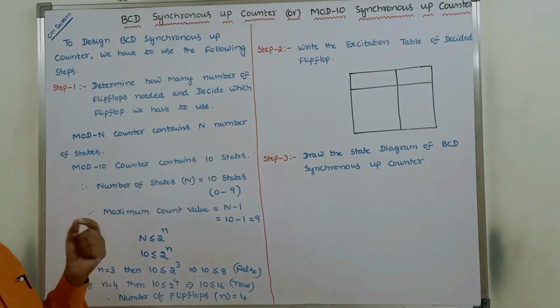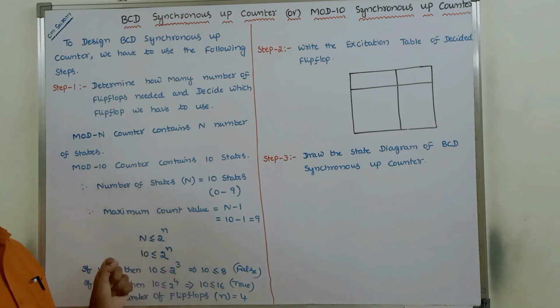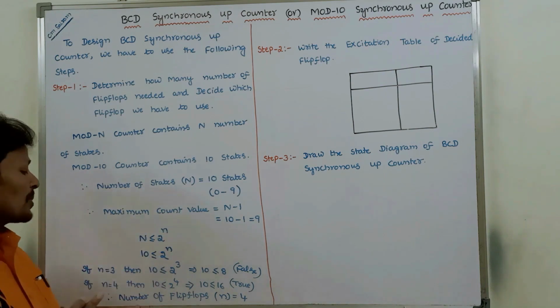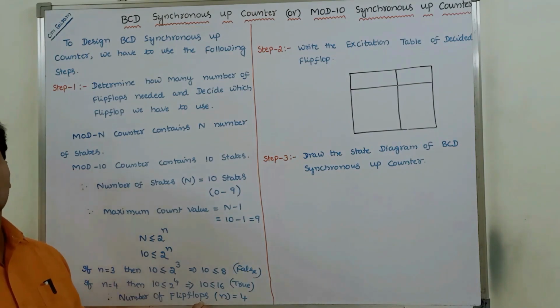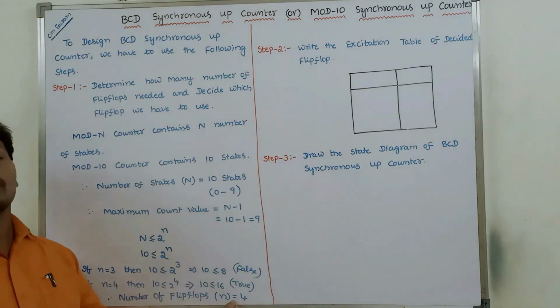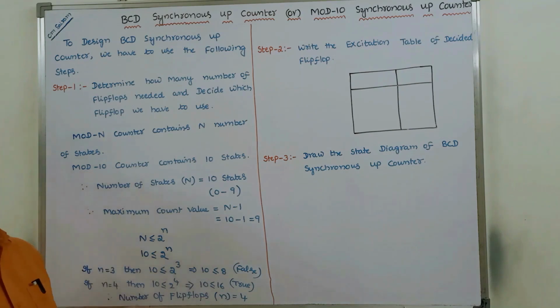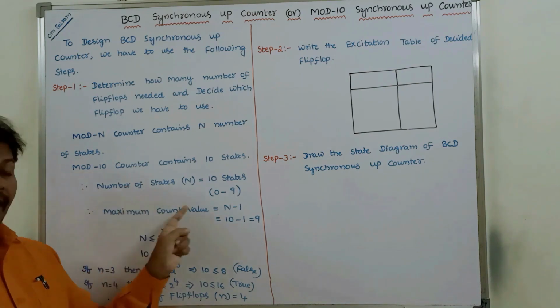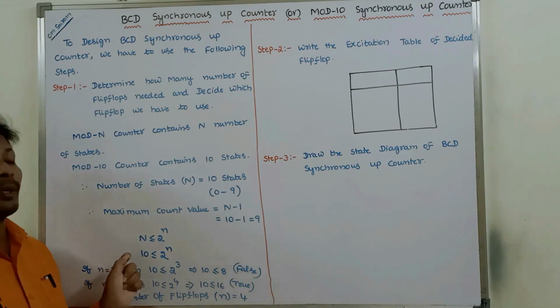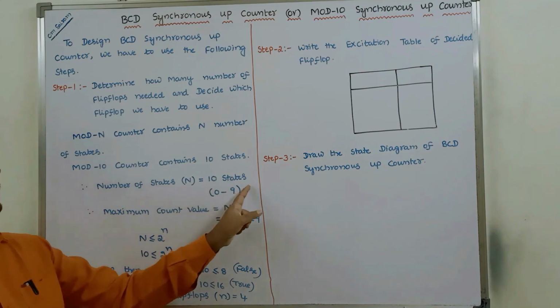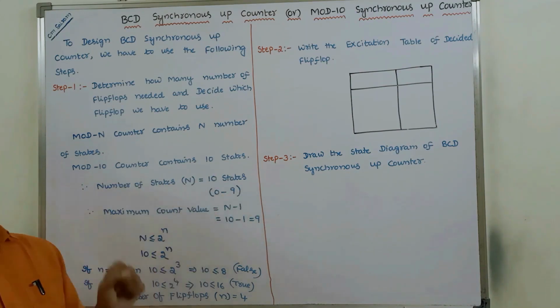Up to now we know how many flip-flops are required to design BCD Synchronous Up Counter or Mod 10 Synchronous Up Counter, that is 4. The number of states present is 10, starting with the 0 state and ending with the 9th state.